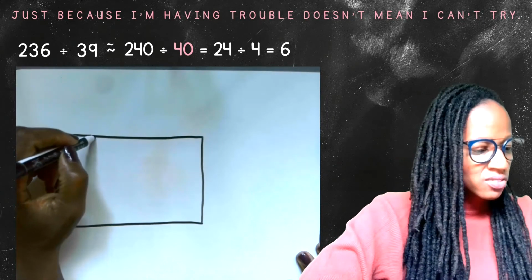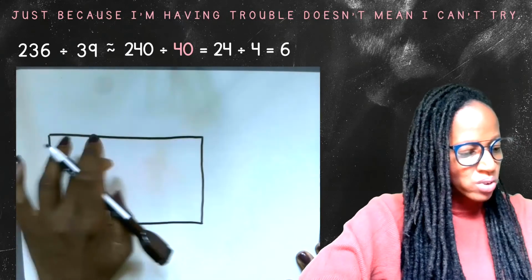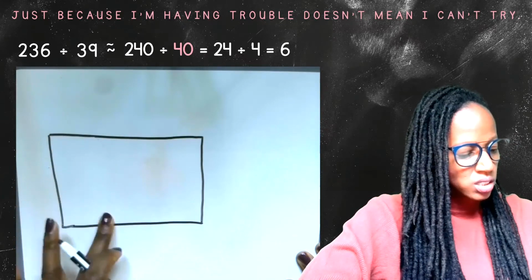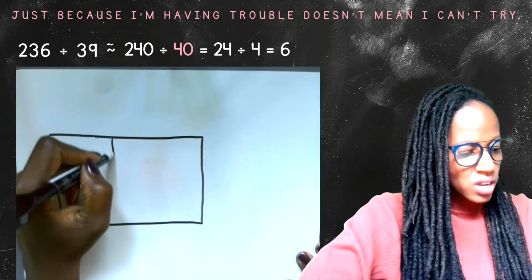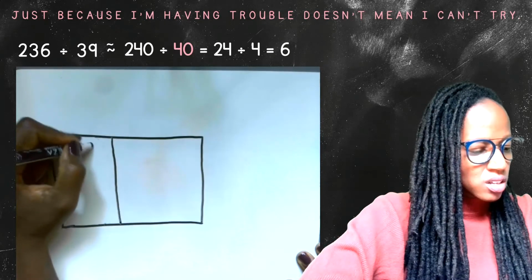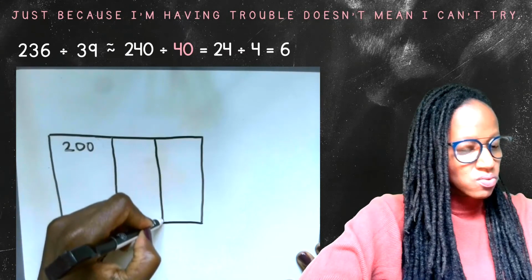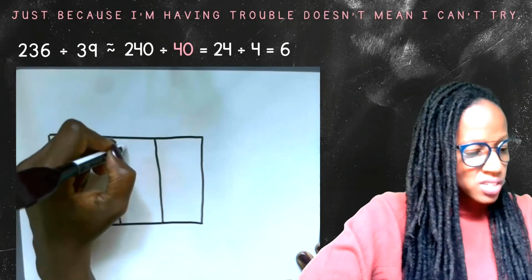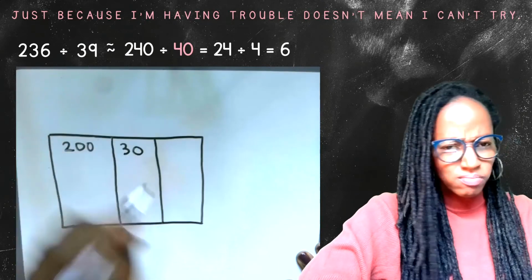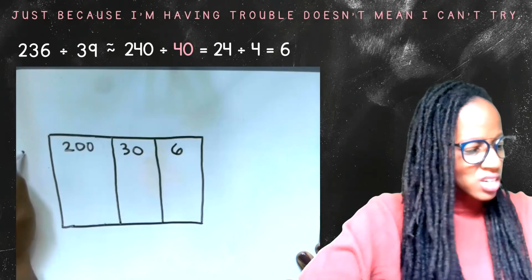So I have 200. Let me redraw that really quickly. I have 200s, so I'm going to put 200s there. I also have 3 10s, so I put 30 there, and 6 1s. And I'm dividing this by 39.